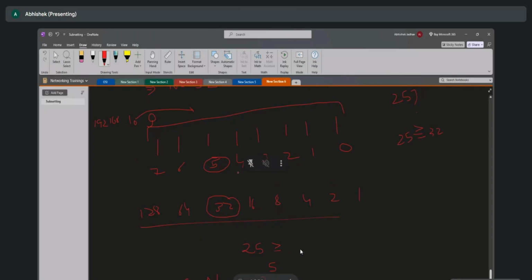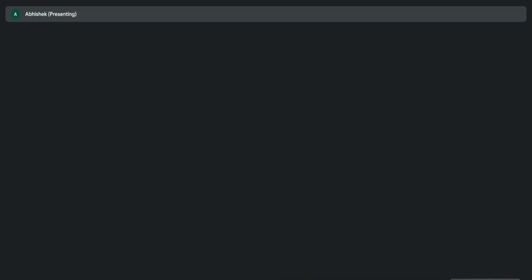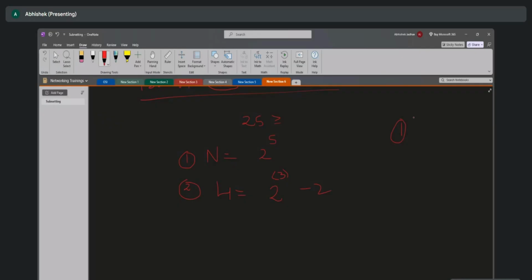Three. Exactly, because there are 8 bits. It's simple, guys. You just have to remember it's 8 bits. From 8, we have already taken 5. So what will be remaining? 3. That's it. So 2 to the power of 3 is what? 8. 8 minus 2 is 6. Exactly.